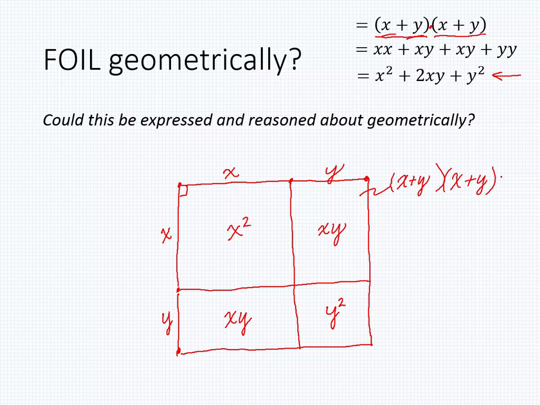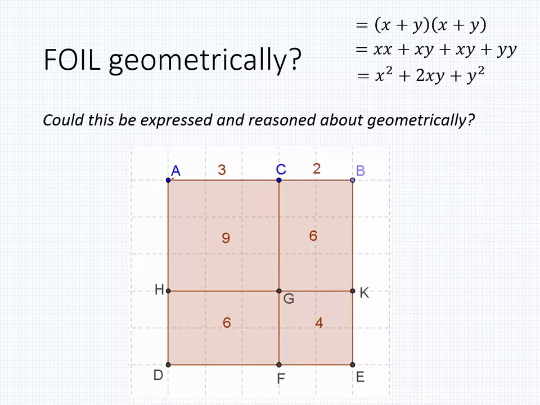But notice that what we've done is we've taken this area x plus y times x plus y, and we've subdivided it into parts x squared plus two regions of size xy, and then one region of size y squared. And sure enough, this matches perfectly with the technique that we knew from algebra as FOIL.